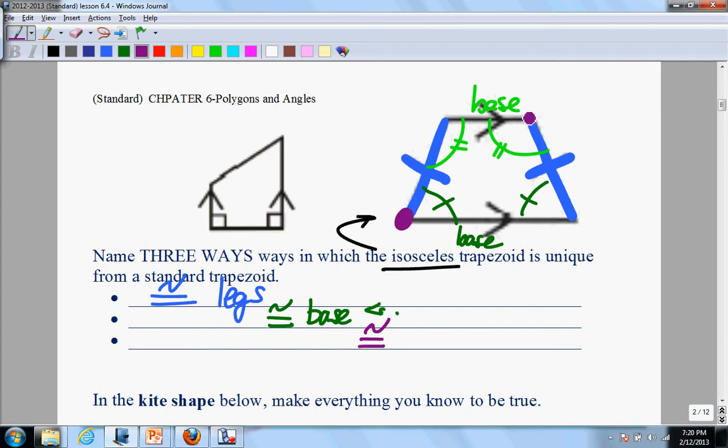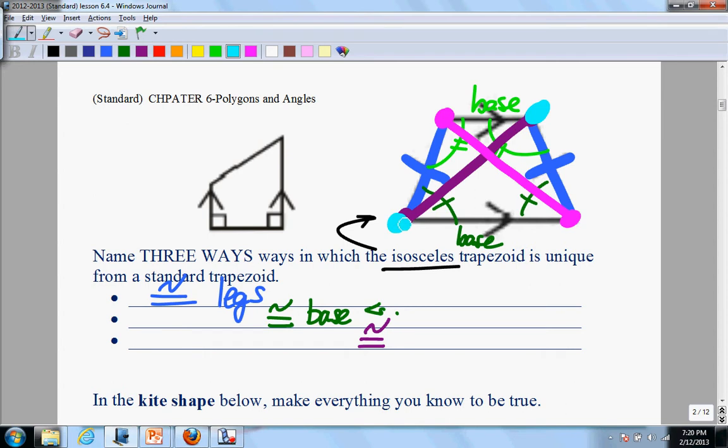Next one, put a dot here and a dot there and connect one diagonal. And put a dot here and a dot here and connect the other diagonal. Now I'd like you to finger pinch, please. Finger pinch the purple.